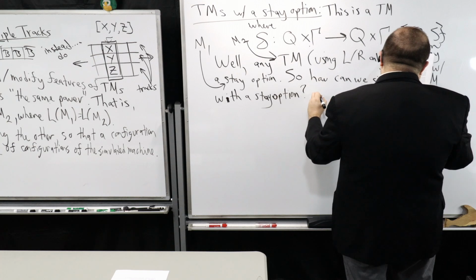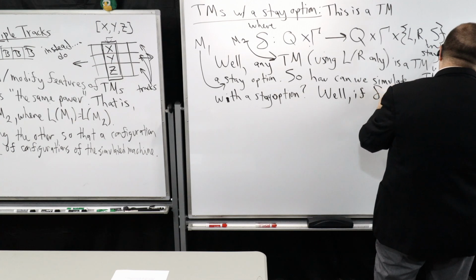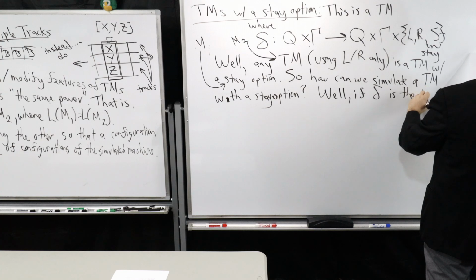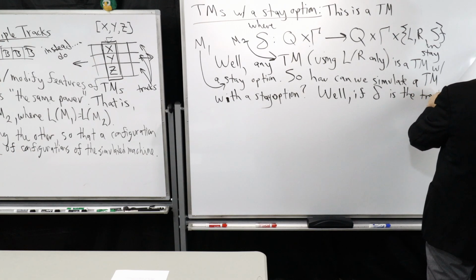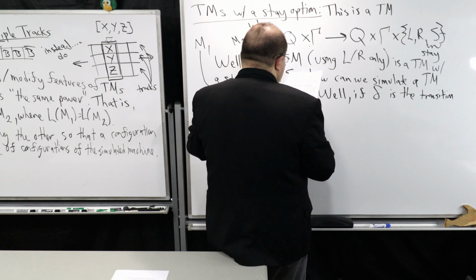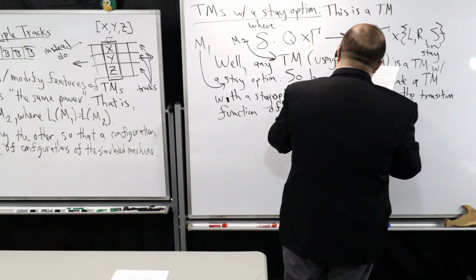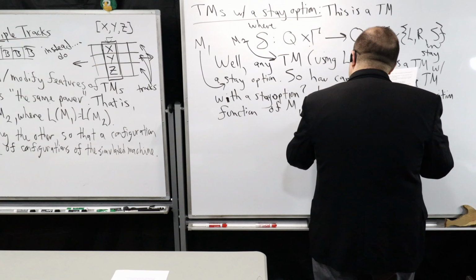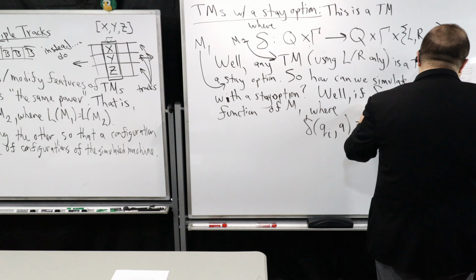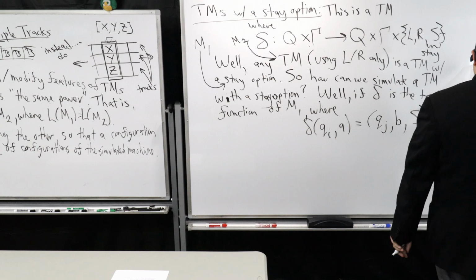So, well, if delta is the transition function of M1, where, suppose it's delta of Qi A, and this gives you the triple Qj B, and it has the stay option S like this.